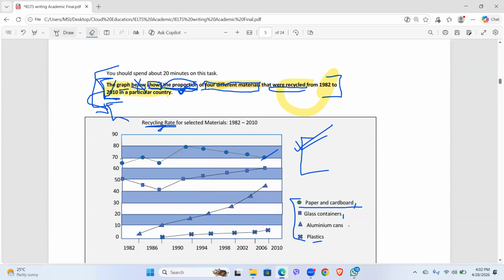Like while describing in the body paragraph we have to describe, right? So if you are describing paper and cardboard, सुन्नुहोस् है, suppose. अब हेर्नुहोस् है, in 1982 the paper and cardboard was around, अब यहाँ around भन्ने कि नभन्ने यो point लाई, around approximately, भन्ने कि नभन्ने?